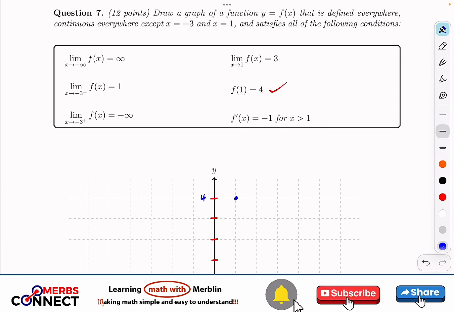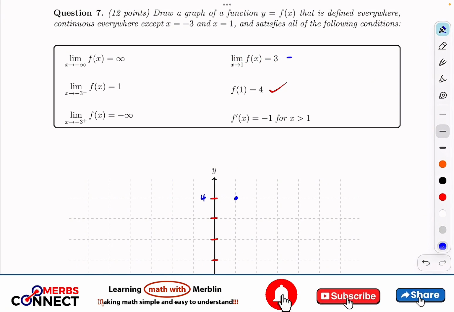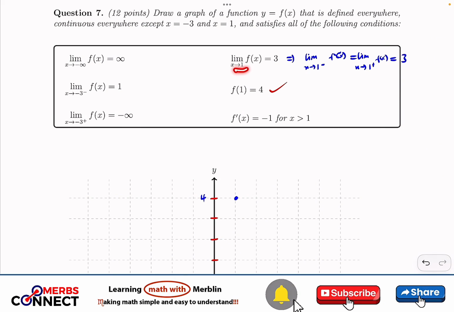Now we see that the limit as x is approaching 1 is 3. There is something that is telling us that the limit as x is approaching 1 from the left of f of x is the same as the limit as x is approaching 1 from the right of f of x, and they are also equal to 3. Because for us to conclude that this is equal to 3, the left and the right must be the same.